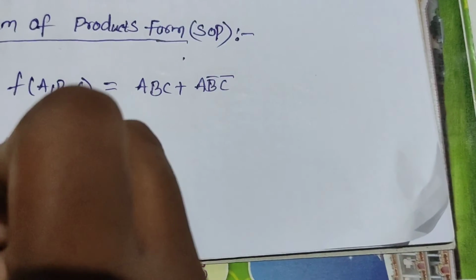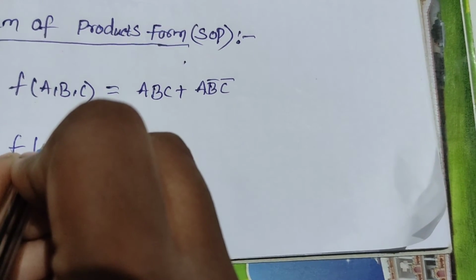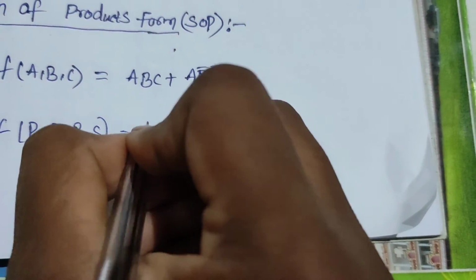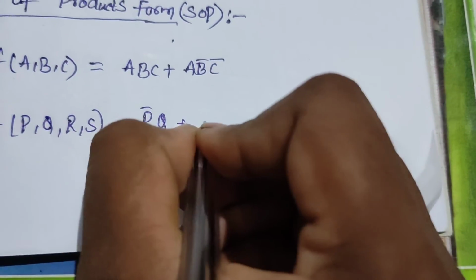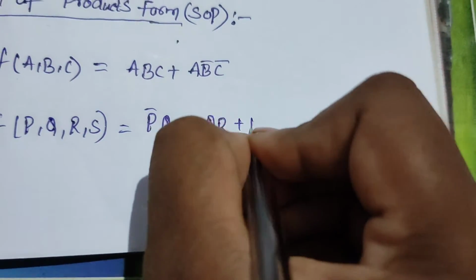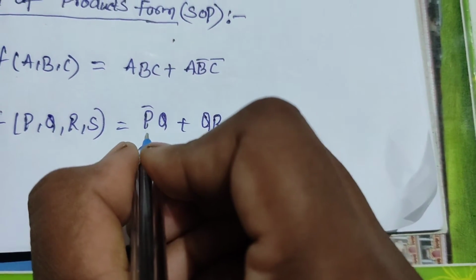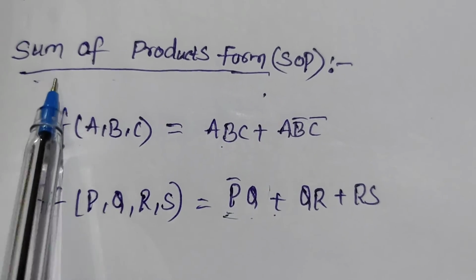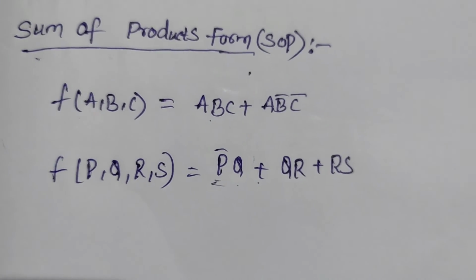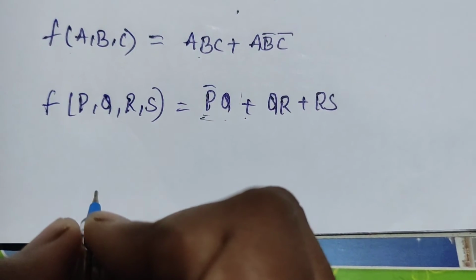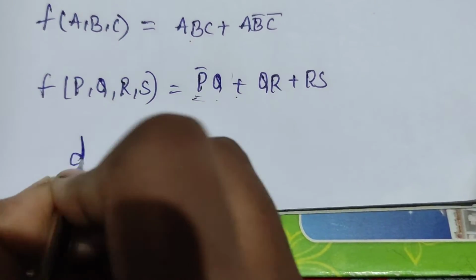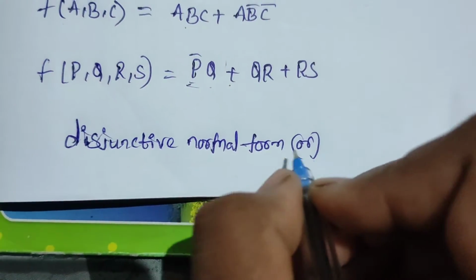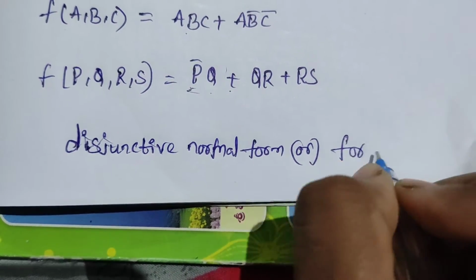Let us take another example, f of PQRS is equal to P bar Q plus QR plus RS. It consists of three product terms which are ORed together. This sum of product form is also known as disjunctive normal form.